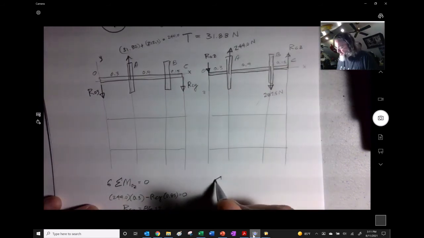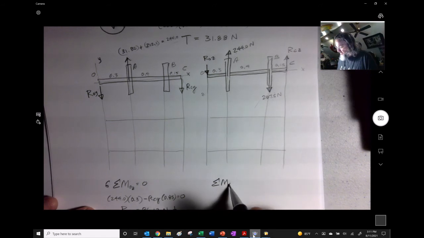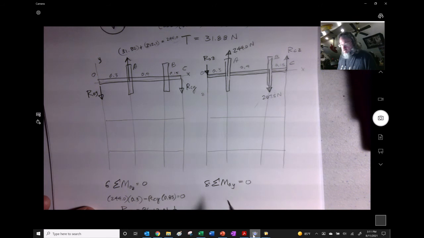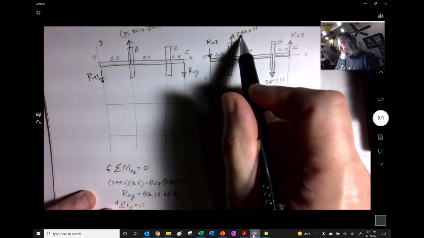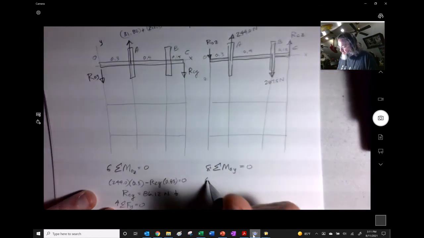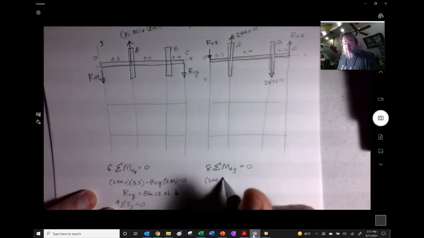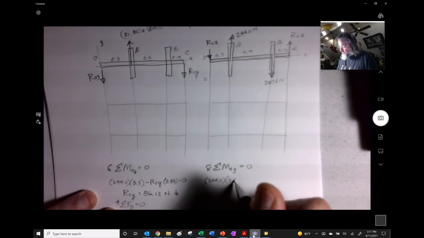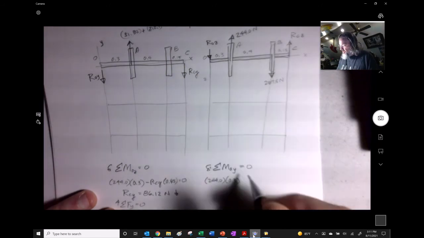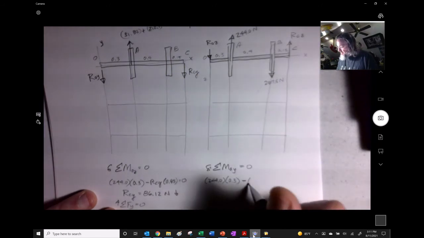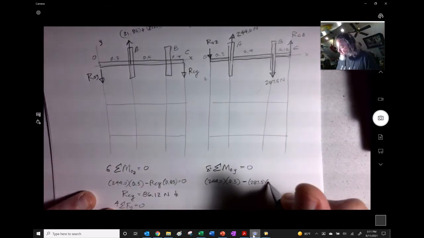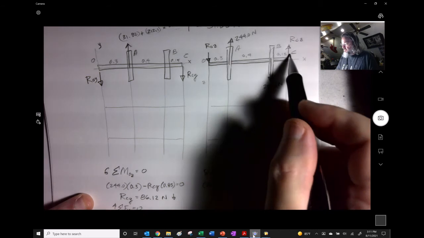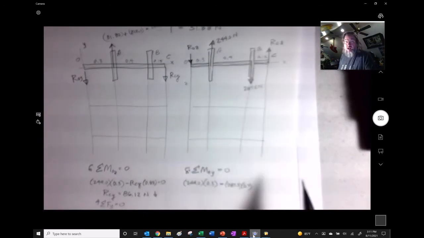Let's continue with this. Sum of the moments about O, and this is about the y-axis. Right there, right? And once again we have 244, and it's going counterclockwise. And its distance 0.3. But now this one's going clockwise, minus 287.5, and that's times 0.7. And then this one is going counterclockwise, according to what I'm telling you.